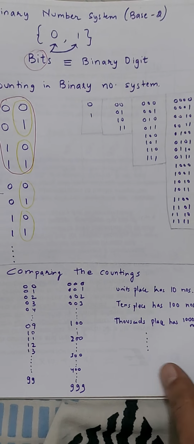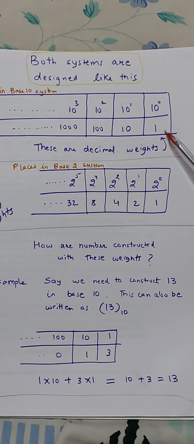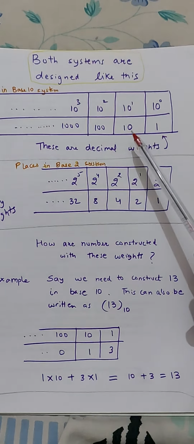Similarly, both systems are designed having places. In base 10 system, the places are units place, tens place, 100 place, thousands place, and so on. So these are called decimal weights.